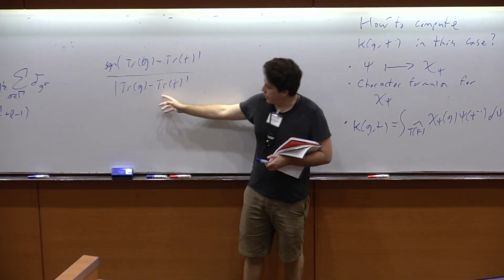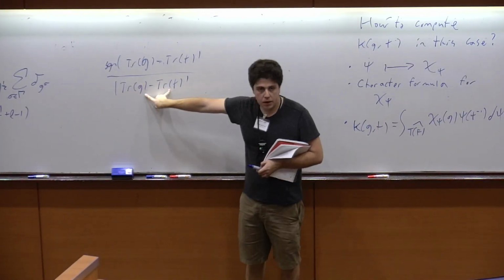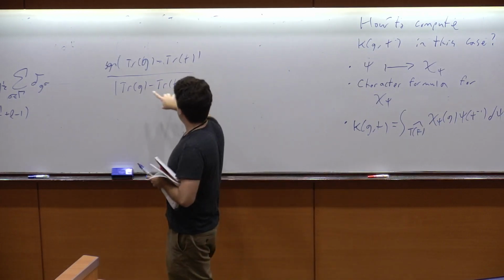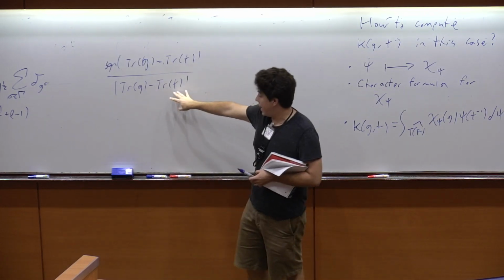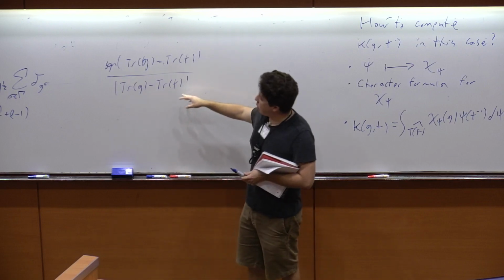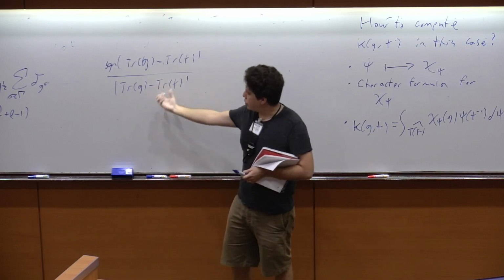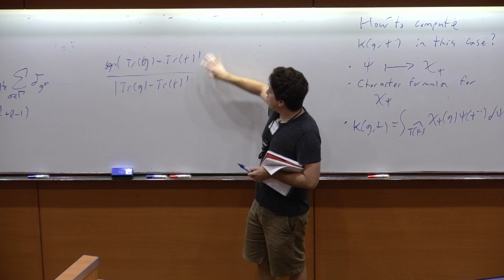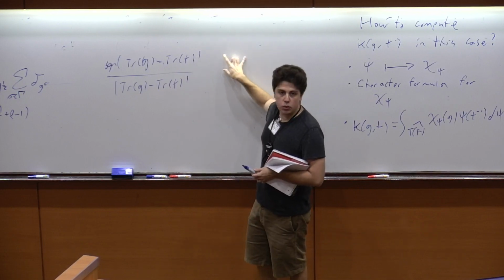But let's look at this. If you actually compute this out, the denominator, what's happening, if you take the difference of these traces and take their p-adic absolute value, what you're basically going to get, if these elements aren't too close together, is q squared times the minimum of the two norms.